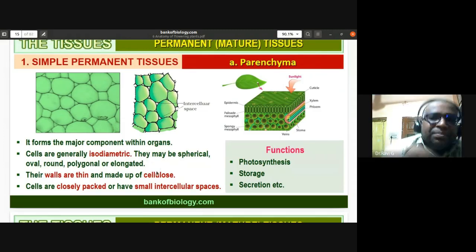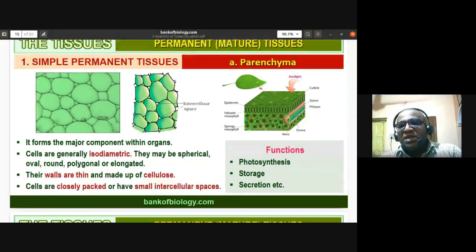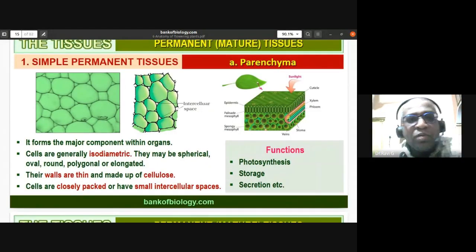Parenchyma is the simple permanent tissue because they are homogeneous in nature and do not have the ability to undergo cell division. They form the major composition of plant organs. Generally they are isodiametric in shape, spherical, oval, round, polygonal, or elongated.